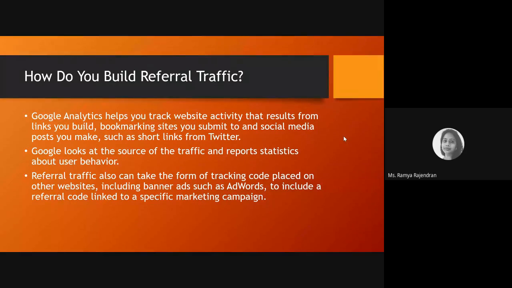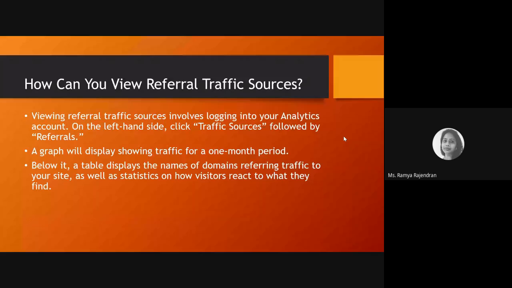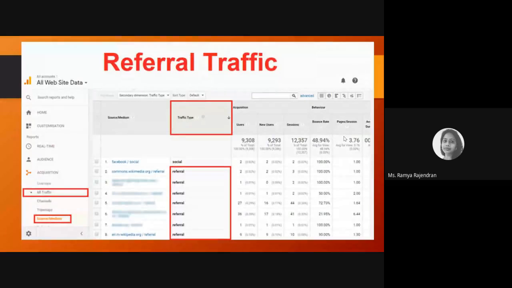All these things will be tracked by Google, and then you can go and find out where you're getting this referral traffic from. I can show you how it looks. This is how we go to Google Analytics of your web page, go to all traffic, then go to source, and find out where the traffic is from.